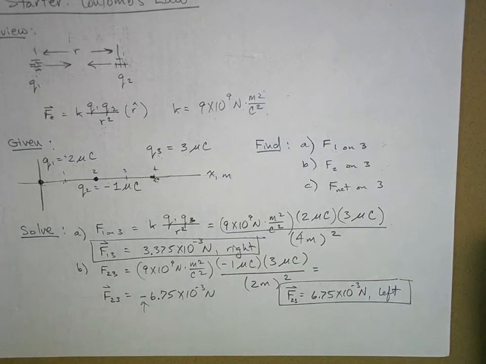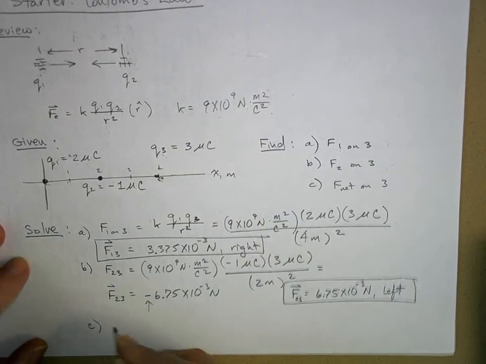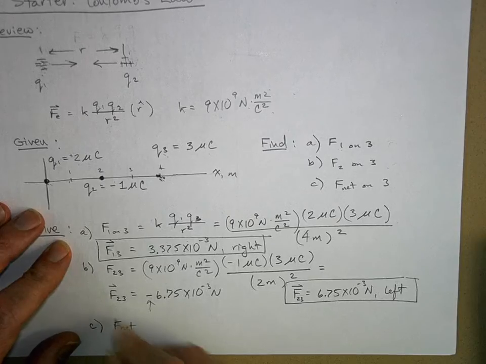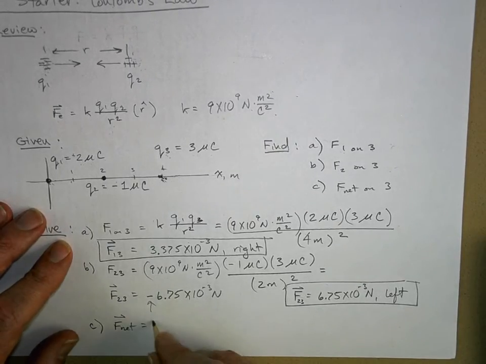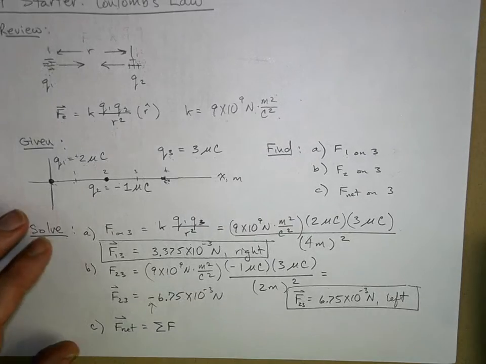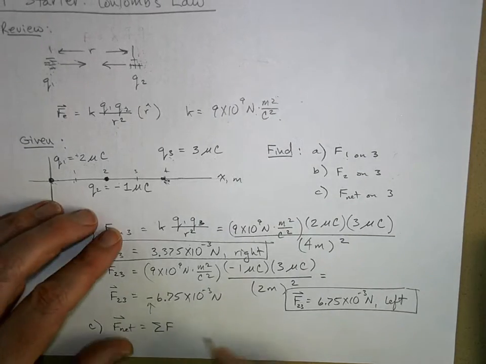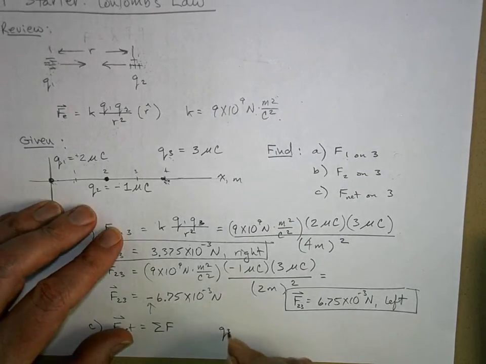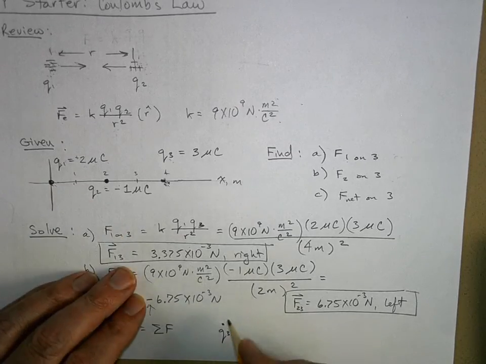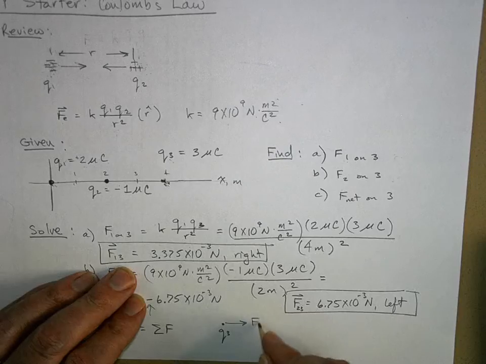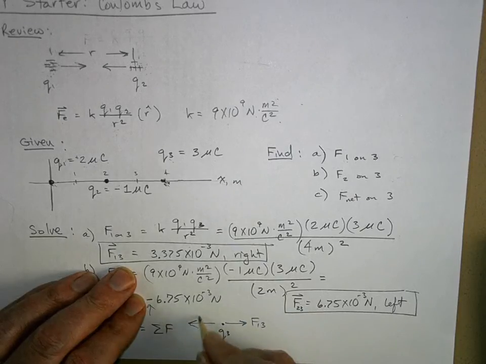Okay, now part C. The net electrical force is what you get when you sum all the forces acting on Q3. Well, here's Q3, and you've got F1 on 3, and you've got F2 on 3.